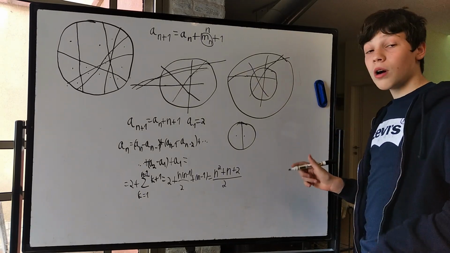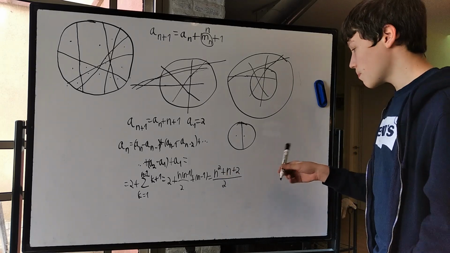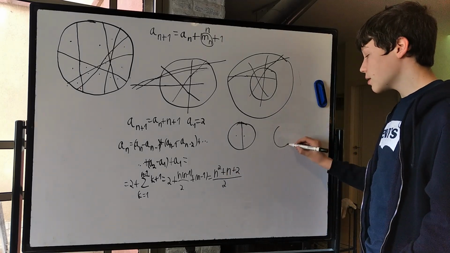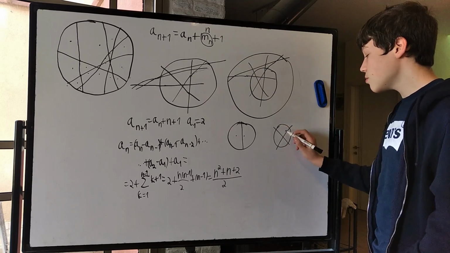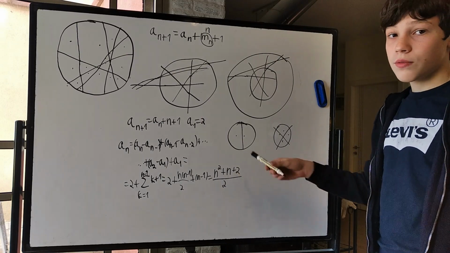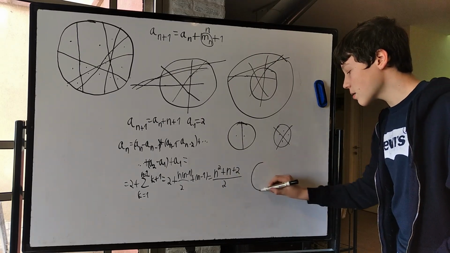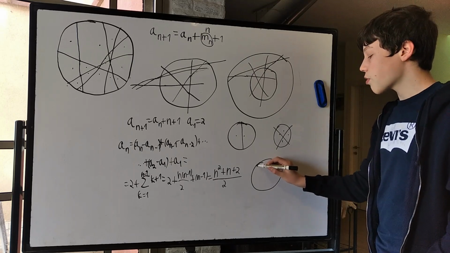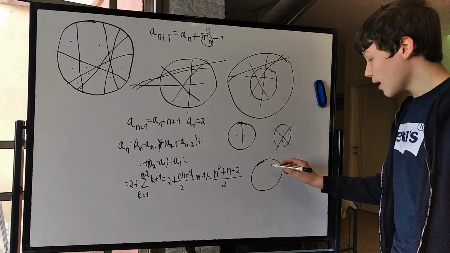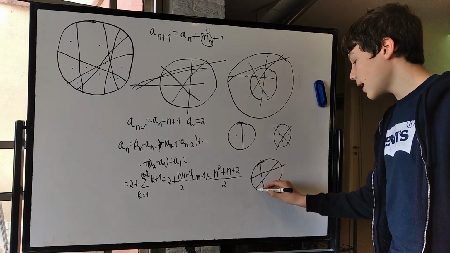And just to make sure that it's good, let's check it. So first of all, for 1, we should get 2. 1 plus 1 plus 2 over 2 is 2. Let's check it for 2 lines. For 2 lines, the best I can do is 4 regions. Here we'll get 4 plus 2 plus 2 over 2, which is 4. And just as one final check, for 3 lines, we have 1, 2, and another 3.